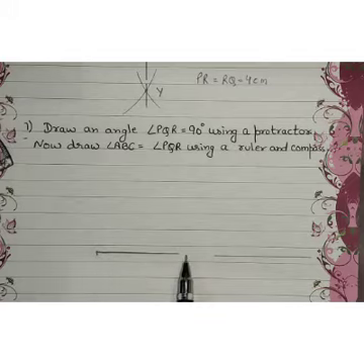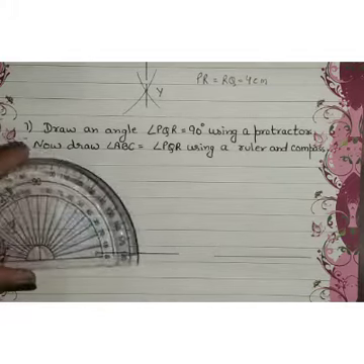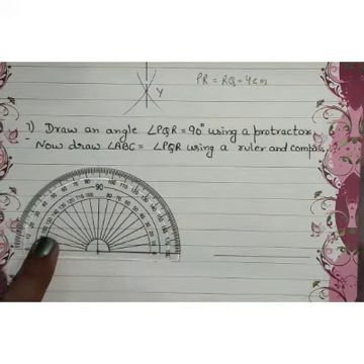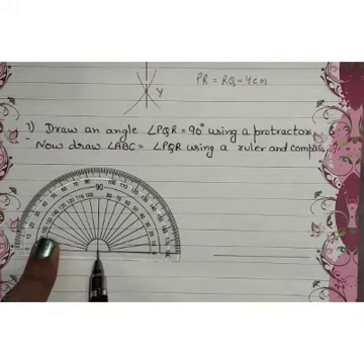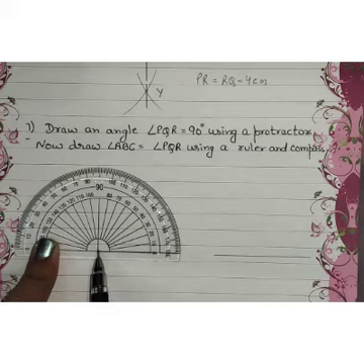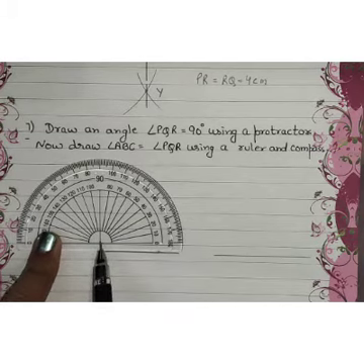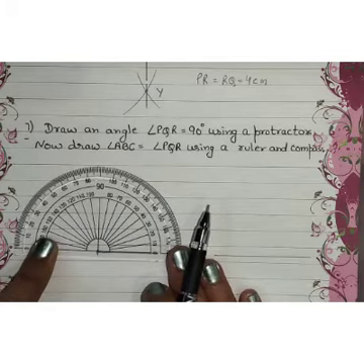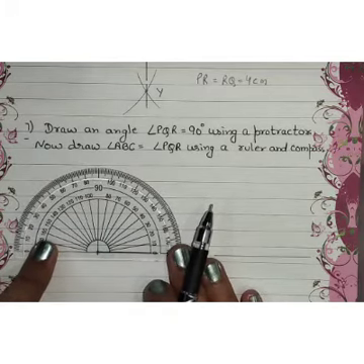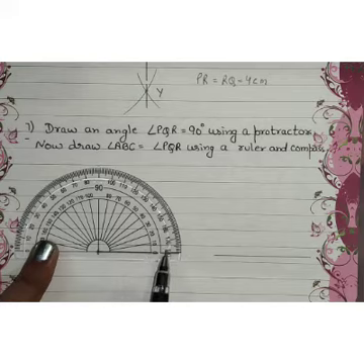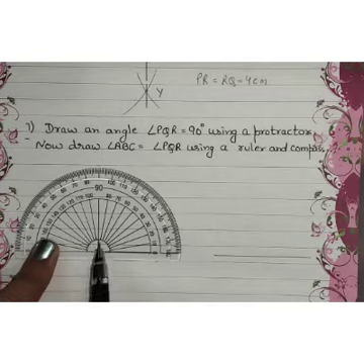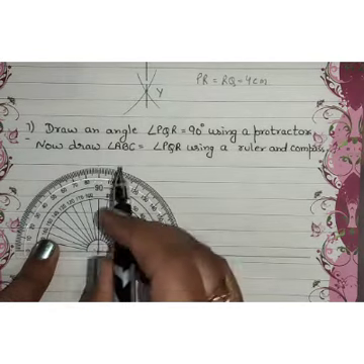Draw a line first and keep the protractor on the line such that the starting point of the line and this point of the protractor lie on each other, and the baseline of the protractor and the line coincide like this. Now, this is the 90 degree angle.